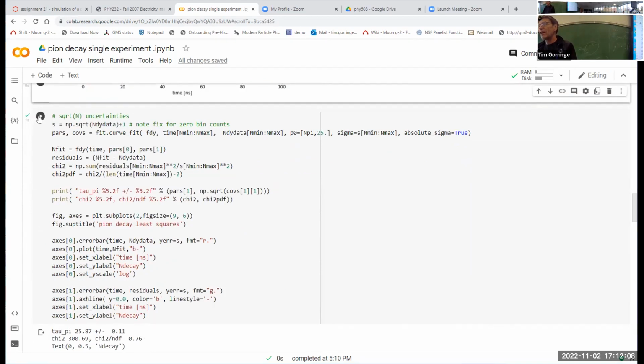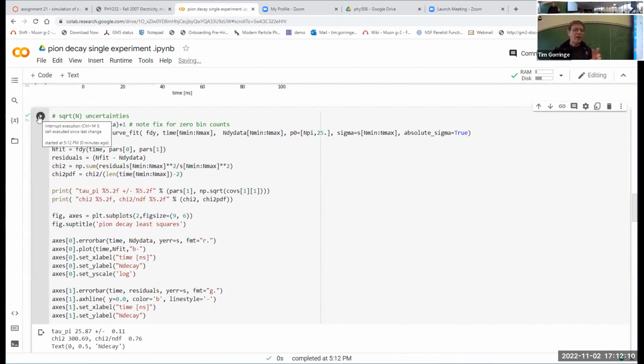Okay, in the next couple of cells after this, I'm going to fit again and again with more and more sophisticated estimates of the uncertainties, so that you get an idea how this is done.